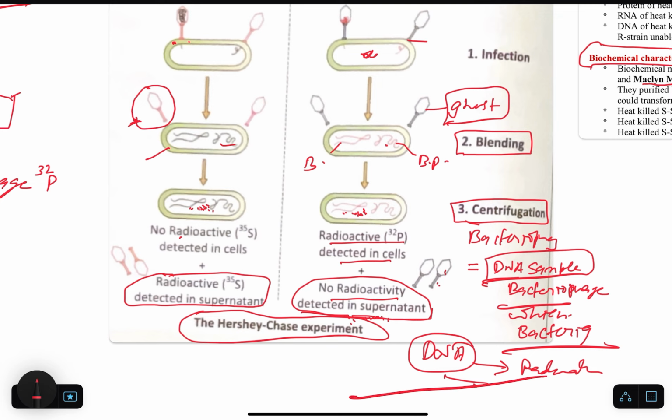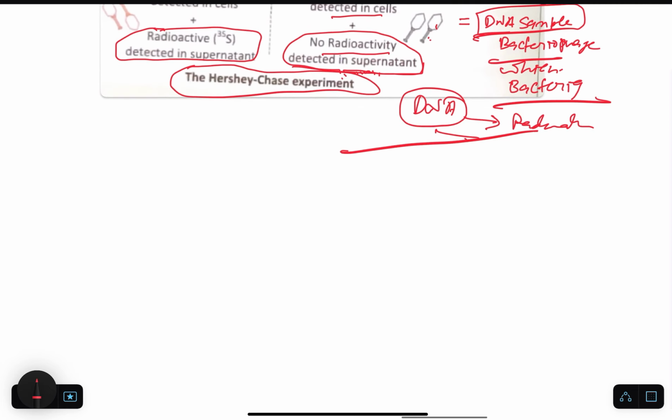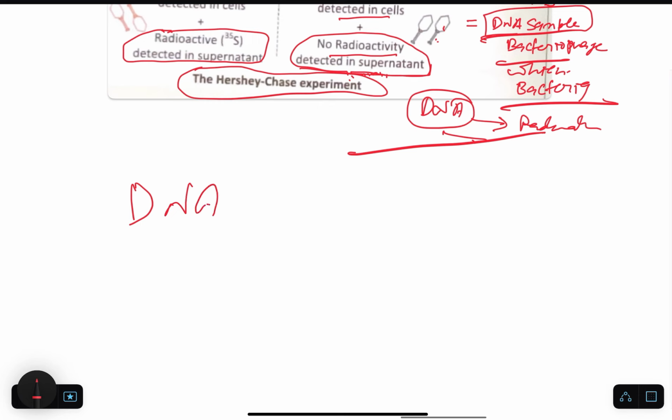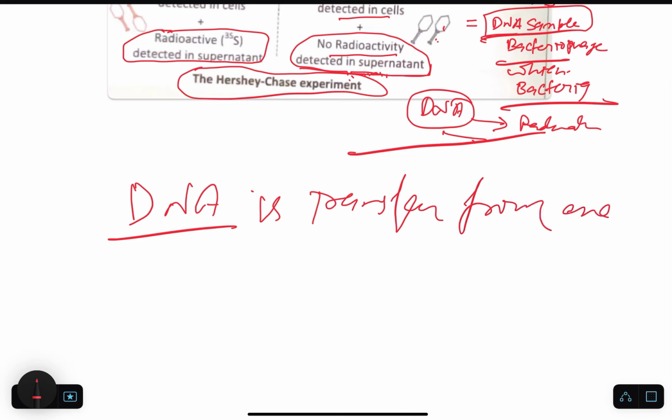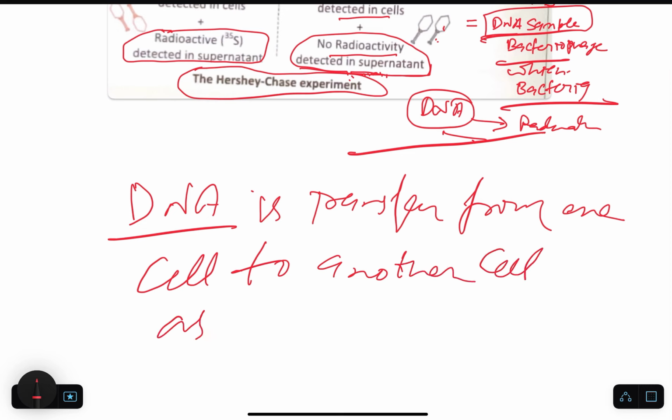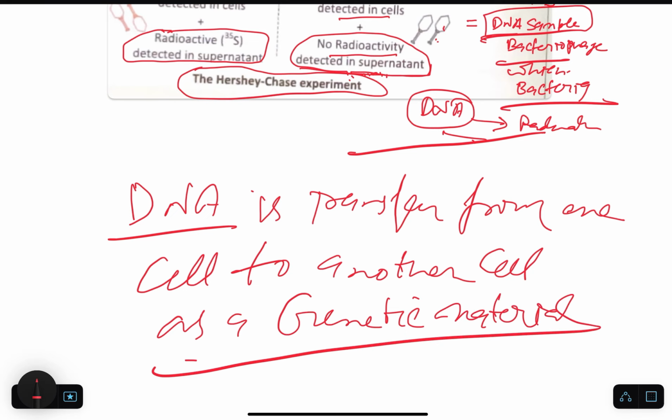Okay, so this is all clear that the DNA is transferred from one cell to another cell as genetic material.